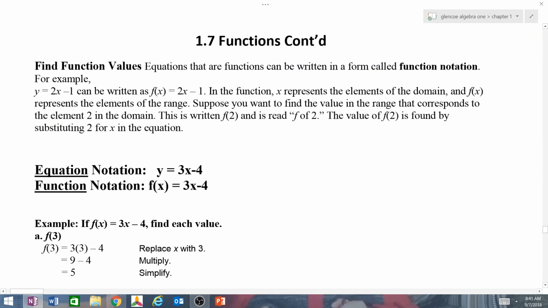To find a function value, equations that are functions can be written in a certain form called function notation, often referred to as f of x. Students are like, what is this and why is it so hard? So I'm going to make your life easy.